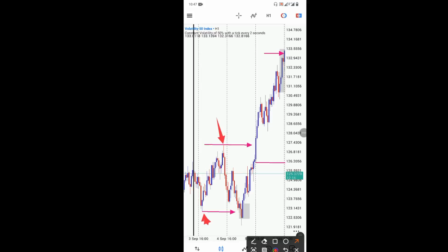Now, the number one checklist will be that price must either take out the high of the previous day or the low of the previous day. And when I say price taking it out, what I mean is price must take it out by a candle closure, not a wick.